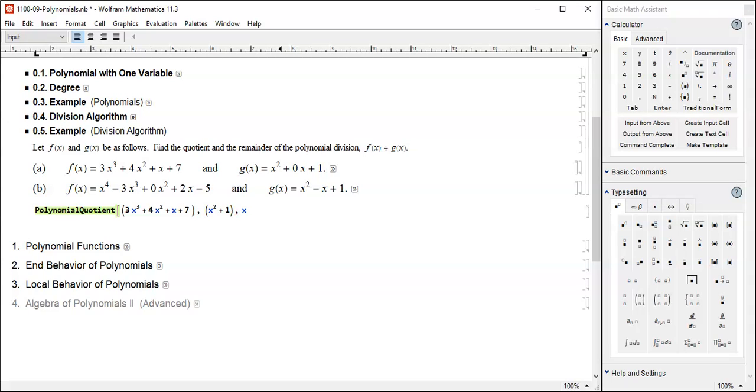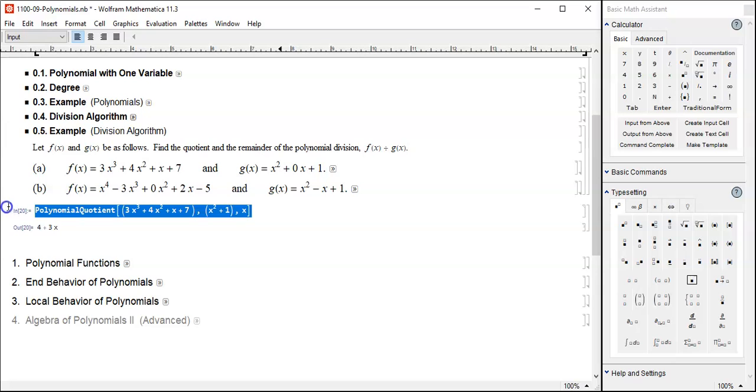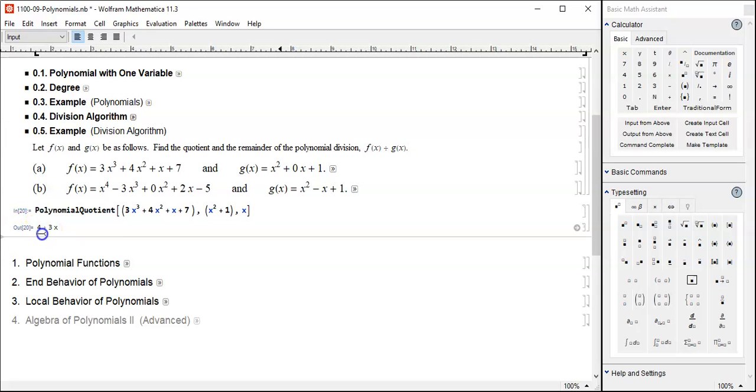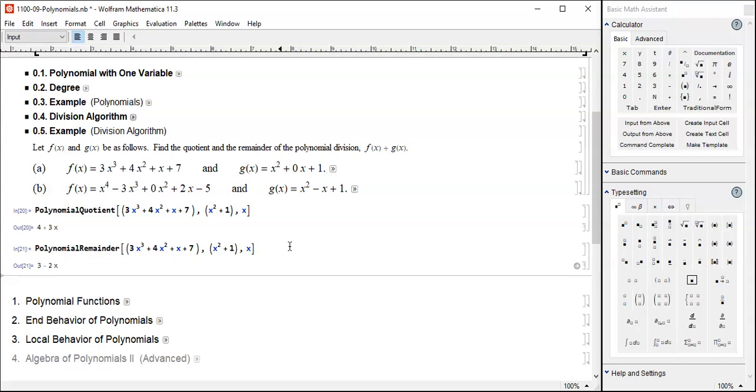And then with respect to the variable x. And that's a quotient. Copy and paste that. Polynomial remainder. We get that. Now, how do we use it?